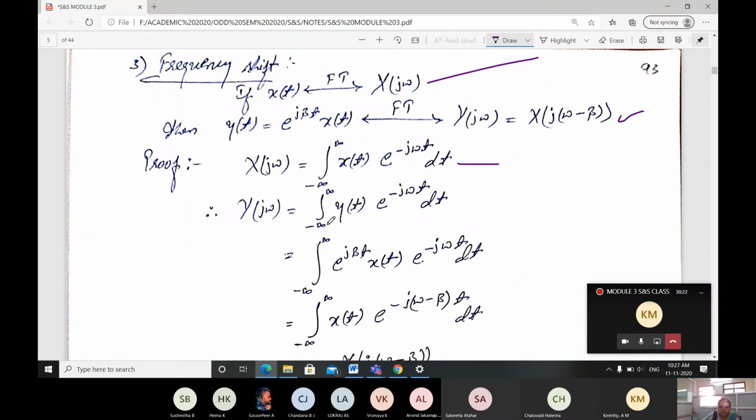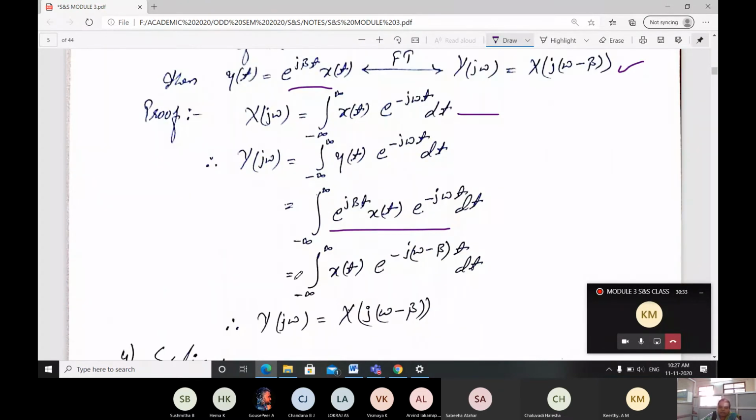Then what is our y of t? It is e raised to j beta t times x of t, substituting this, and then e raised to minus j omega t dt. That is equal to the integration from minus infinity to plus infinity of x of t, combining these two. What will I be getting? e raised to minus j, with j taken outside, omega minus beta into t, dt.